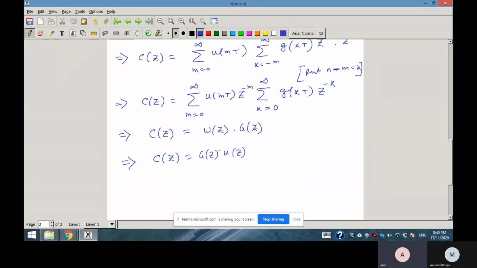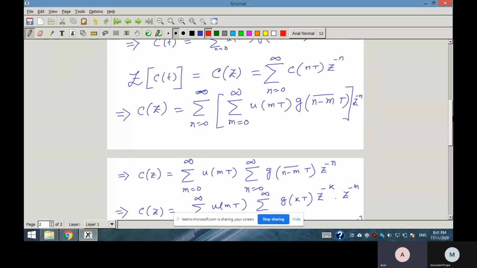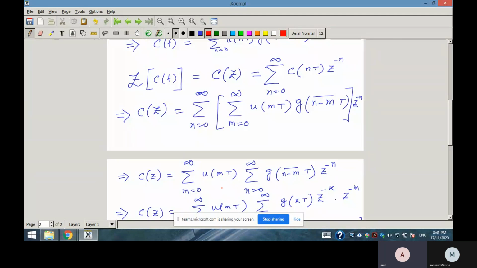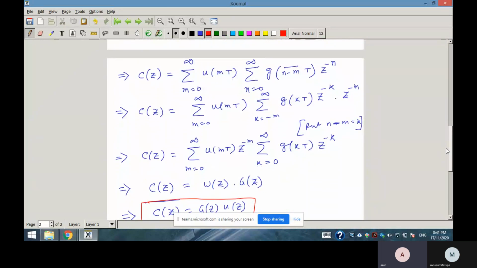So this is an important relation. Yes, SISO system I have considered, so it does not matter whether U(z) into G(z) or G(z) into U(z). So you can also extend it to MIMO system. At the time when I have considered this one, you have to be careful a little bit.